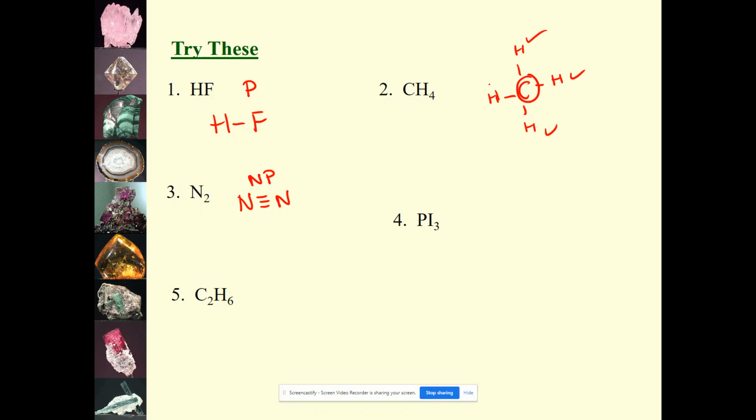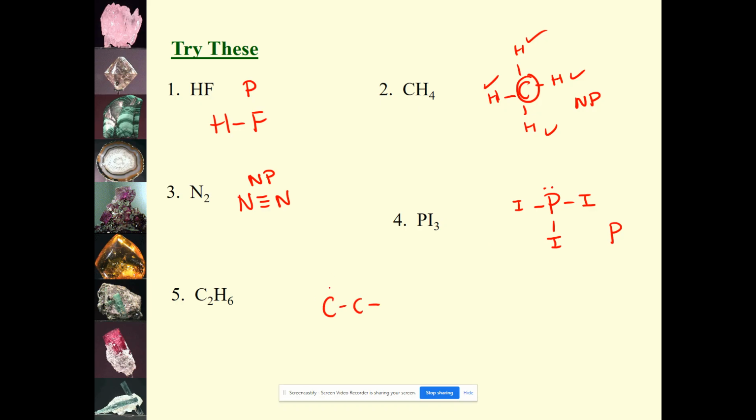All of the terminal atoms are the same, so they cancel, and that leaves us with a nonpolar molecule. PI3 is pyramidal, and pyramidal is polar as long as there's an electronegativity difference between the phosphorus and the iodine, which there is. They have two different electronegativities, so that molecule is polar.